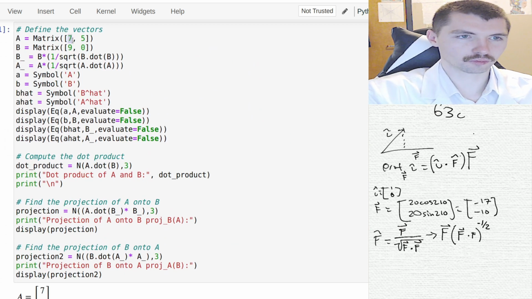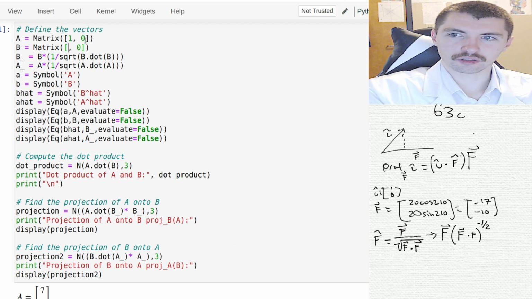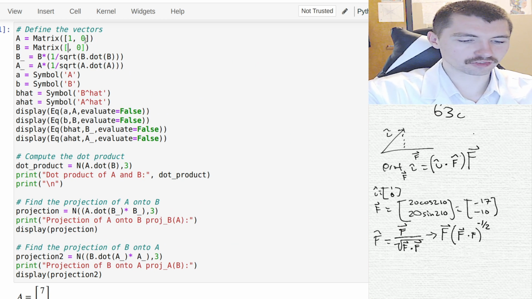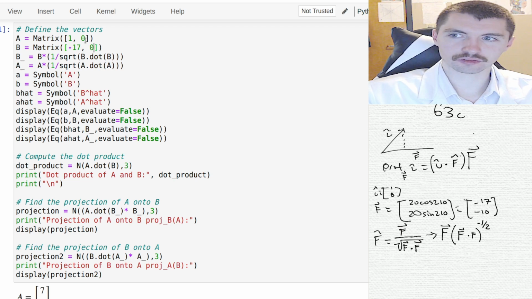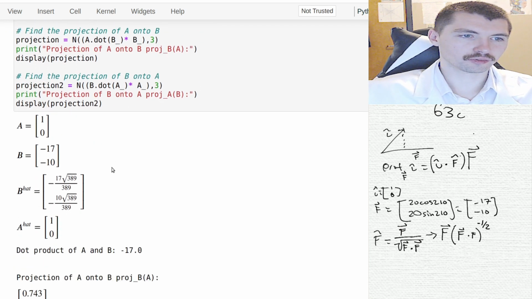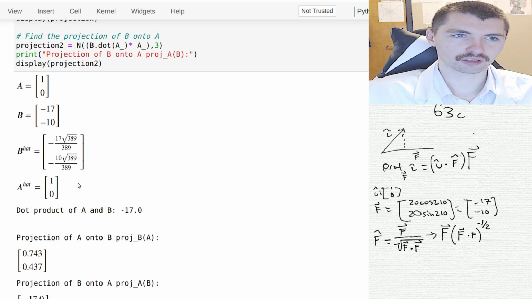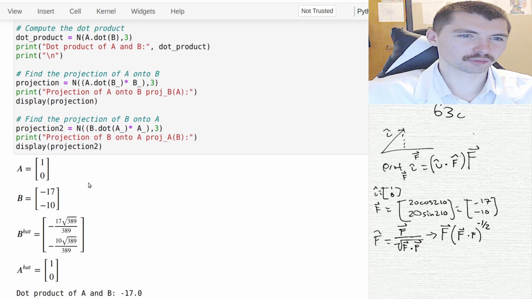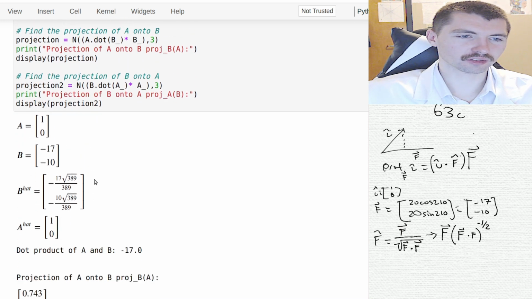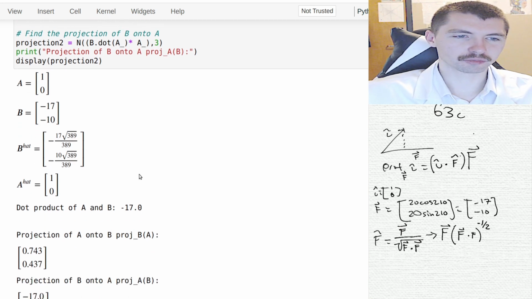So A is 1, 0. B is -17, -10. So this is our B hat, this is our A hat. A hat stays the same. It's not that we don't necessarily use A hat in this unless we were doing it if it was flipped in a different direction.